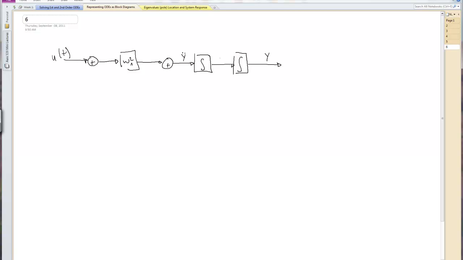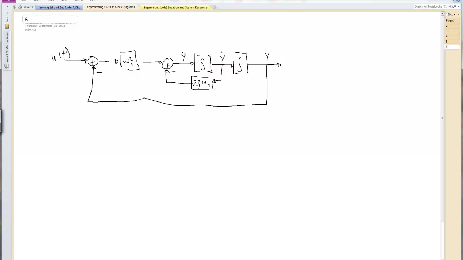Out comes y, and I've got y dot here. What I do is feed back y dot through 2 zeta omega n in a block, feed that through here with a minus sign, and then take y and feed it all the way back to there with a minus sign.